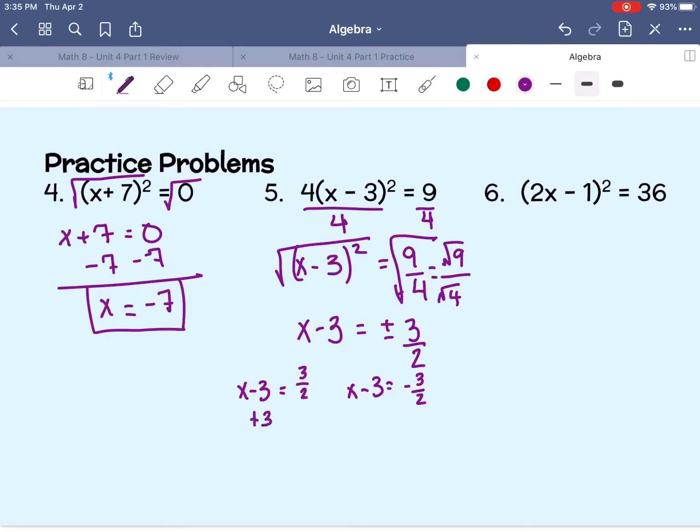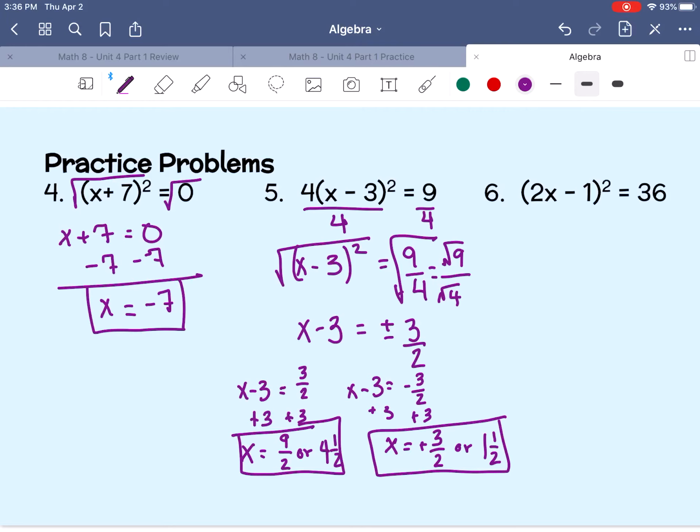And when I add 3 to both sides, I get x equals 9 over 2, or 4 1/2. And over here, I get x equals positive 3 over 2, or 1 1/2.